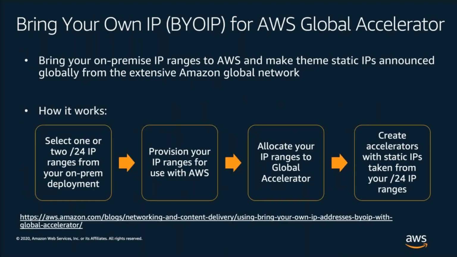Bring your own IP. We launched this feature, I think it was in February 2020. The process is fairly similar to the bring your own IP process that you get with EC2. These are two separate ways of bringing your IPs. It's a similar process, but two very different pools of IP addresses.